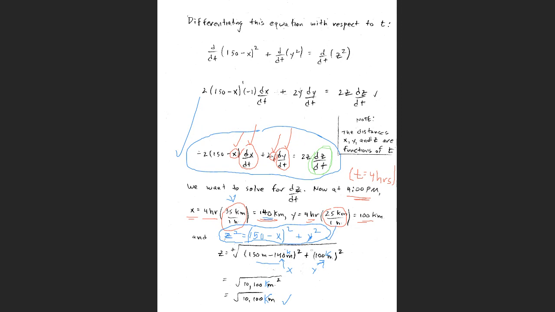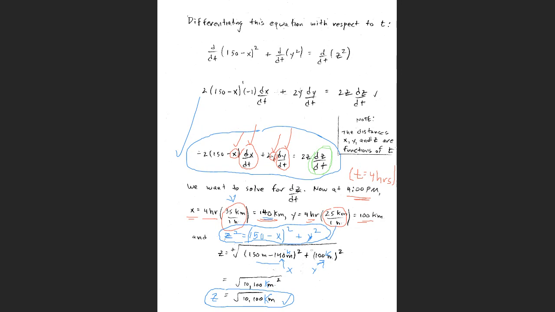Are there any questions so far? Now you notice I keep z equal to the square root of 10,100. I do not write that as a decimal yet, because WebAssign is very picky.